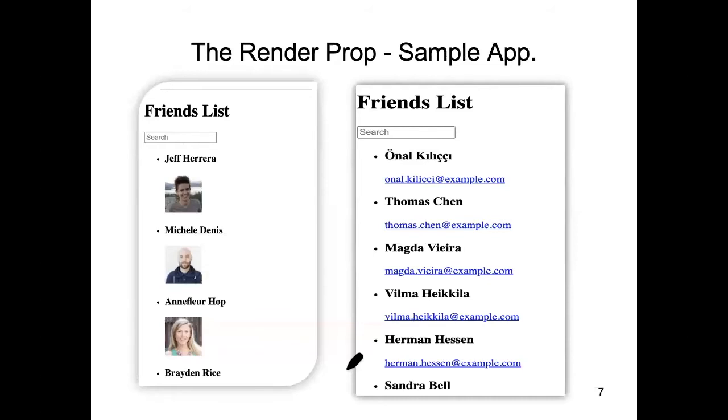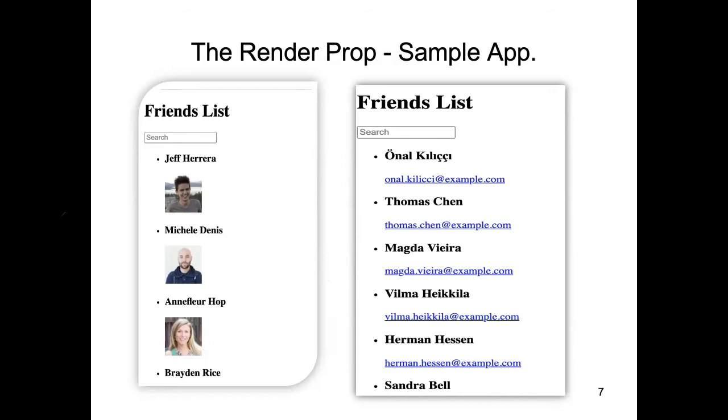Here's a better illustration of the render prop, or a more real-life illustration of it. So I'm going back to my friends list app that we had from the previous lecture. And whether these are two different pages on the same app or two different apps, either way, it looks like that for the one on the left, I want my list of friends to include the friend's name and an image.